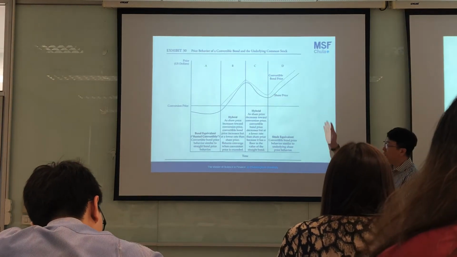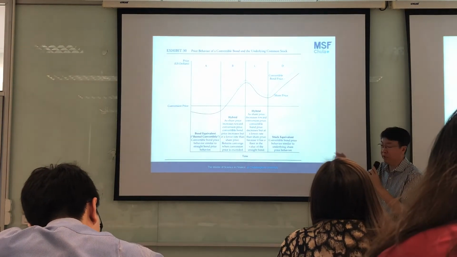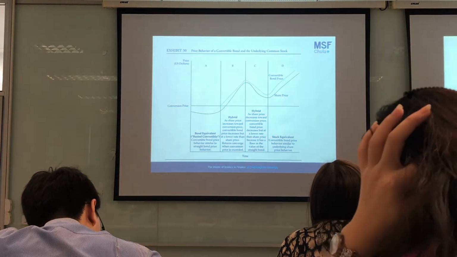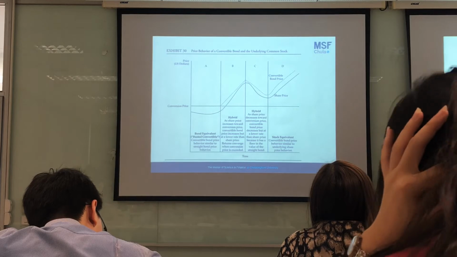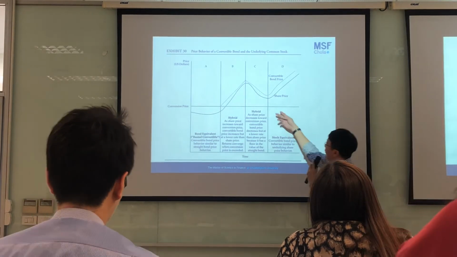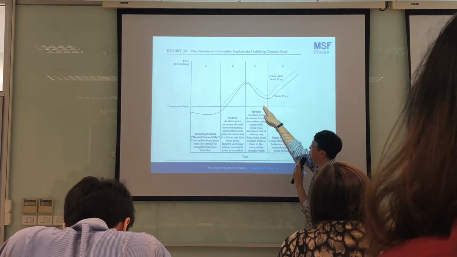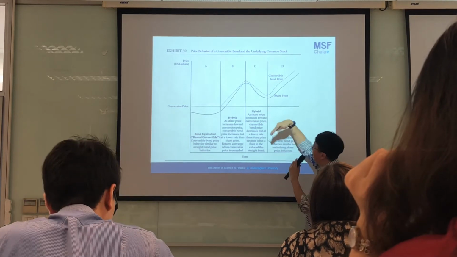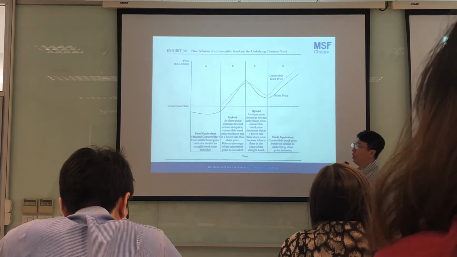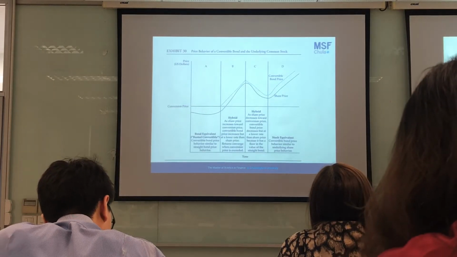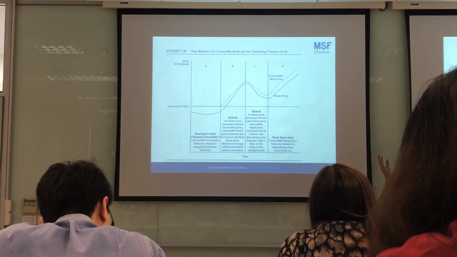When the stock increases 10 baht, or 10 pounds, the convertible bond may move by the same amount. However, when the stock decreases and gets close to the exercise price again, then the value of the convertible bond may not move exactly the same as the stock price.